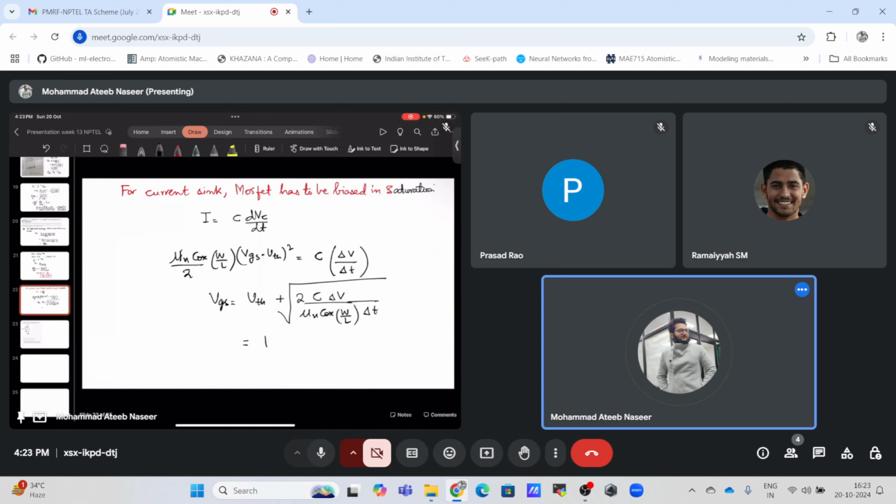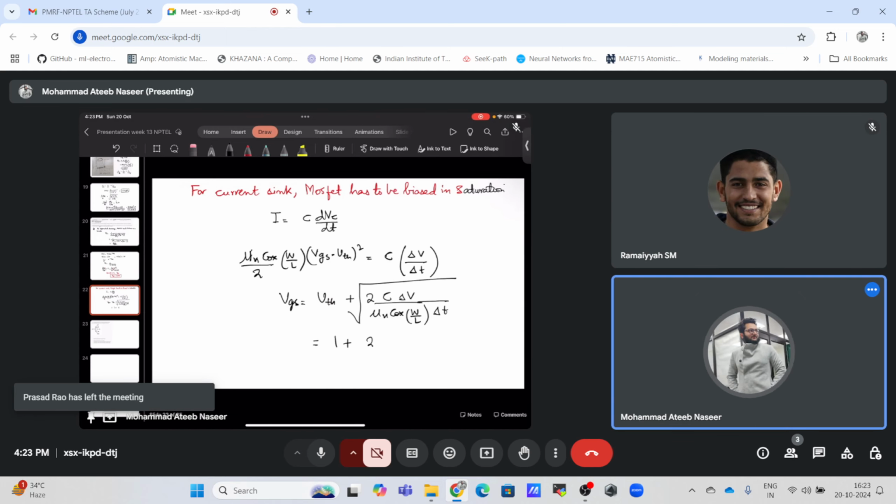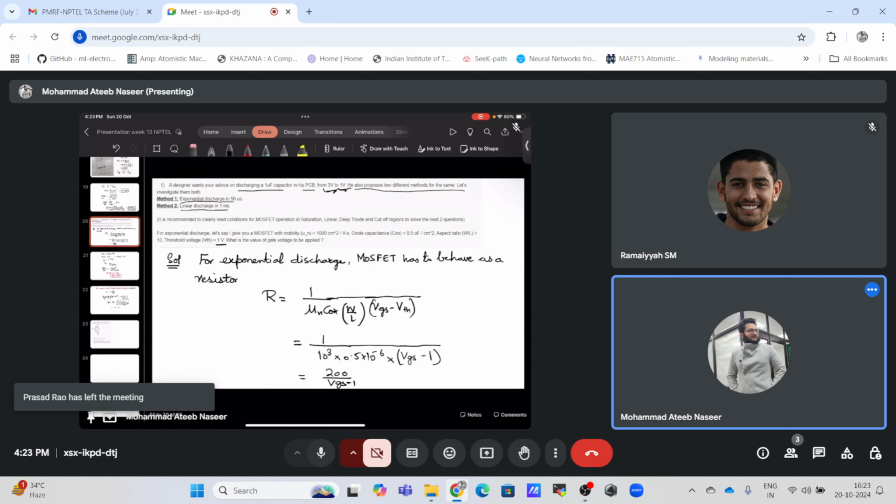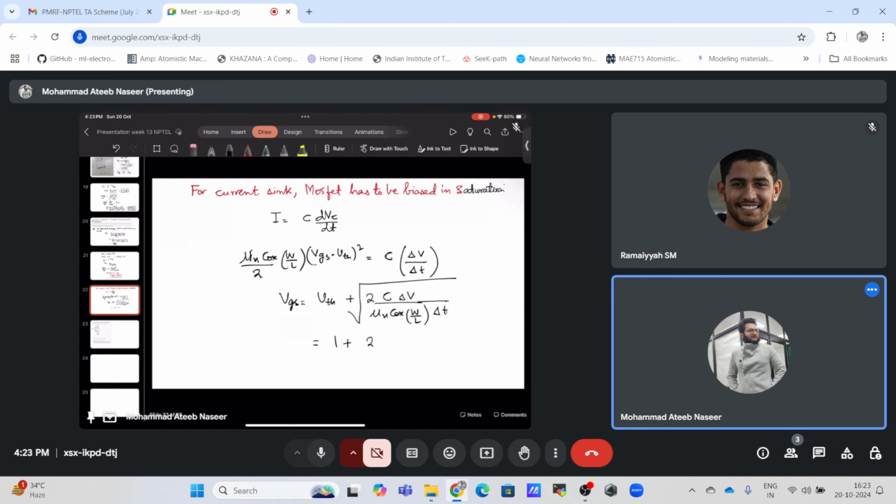VTH is 1 plus the square root of 2 into C, where C is the capacitance value, which was 1 microfarad. So it's 2 into 10 to the power of minus 6, and delta V is 3 minus 1 volt, which is 2.